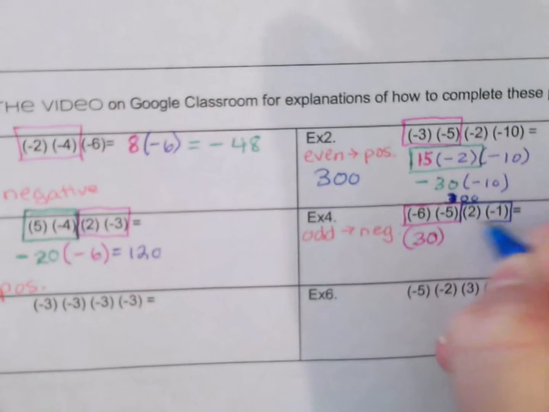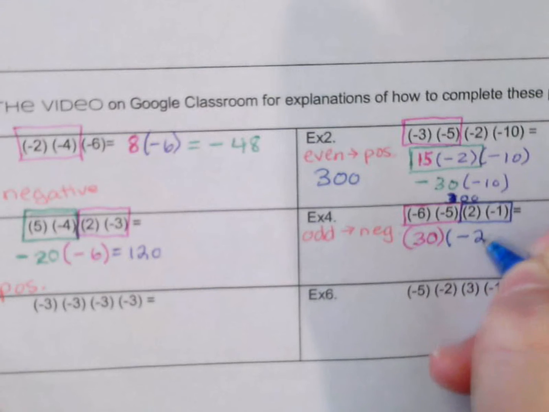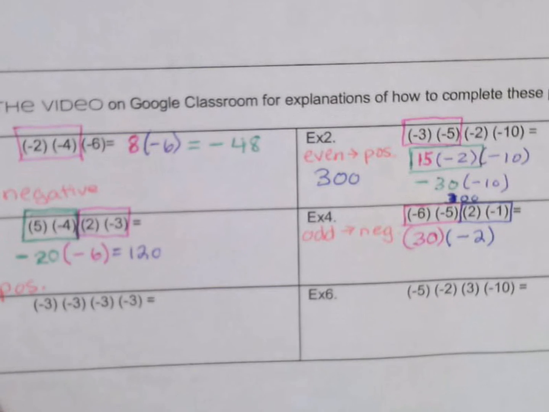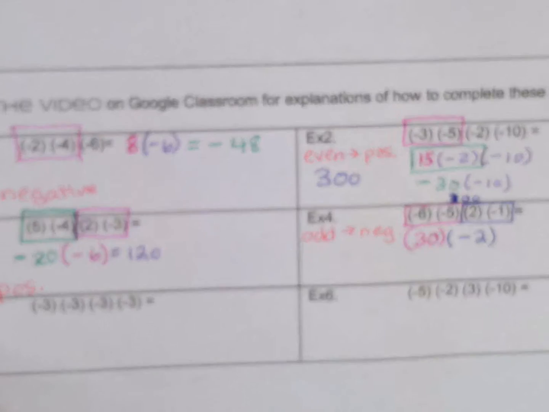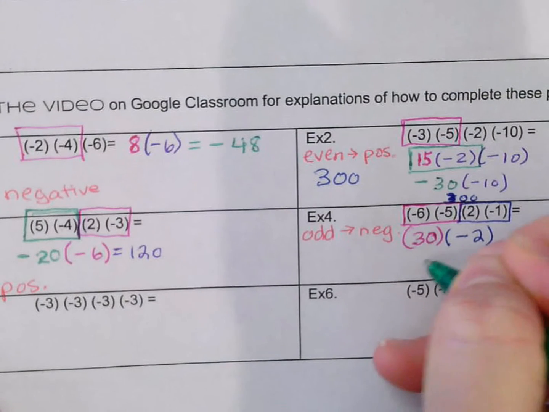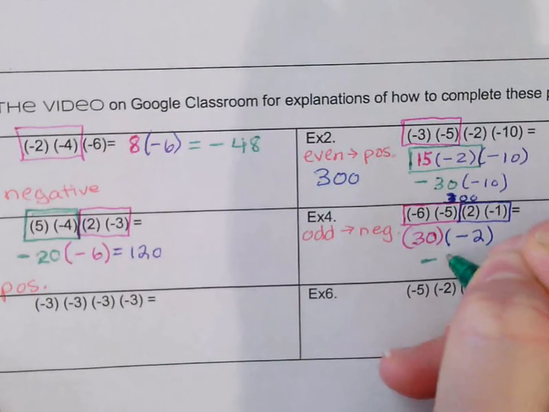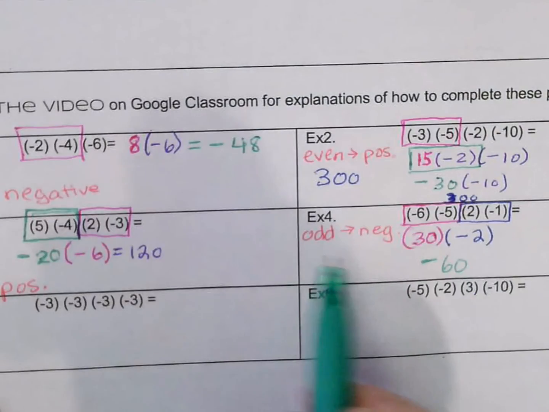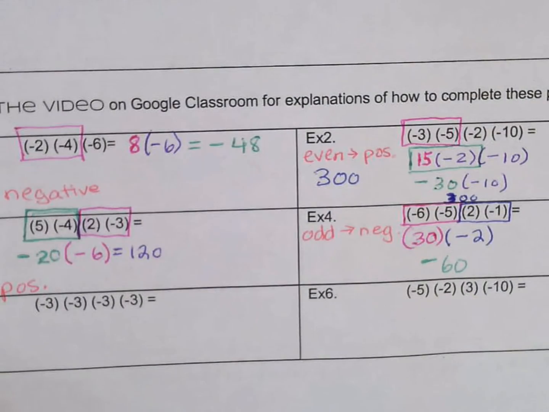Positive 2 times -1, those have different signs, so my answer is negative. And 2 times 1 is 2. So now I'm looking at positive 30 times -2. Since those have different signs, that means my answer is going to be negative. And 30 times 2 is 60. So -60. My pattern did work.